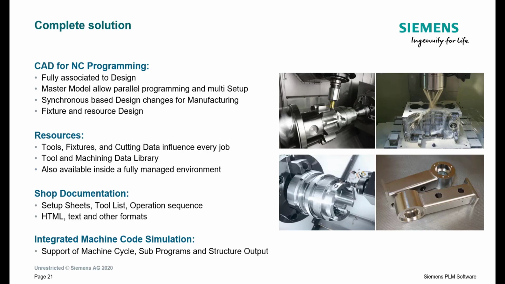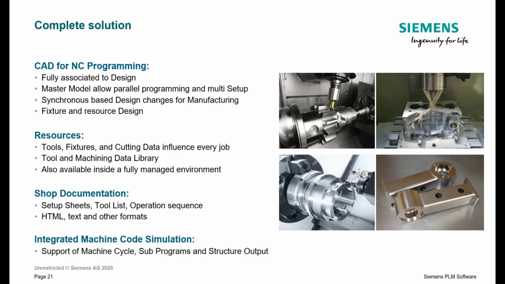There are extensive resources with tools, fixtures and cutting data which influence every job. There are extensive tool and machining data libraries, and all this is available inside a fully managed environment. Shop documentation is ever critical, with setup sheets, tool lists and operation sequences easily generated.